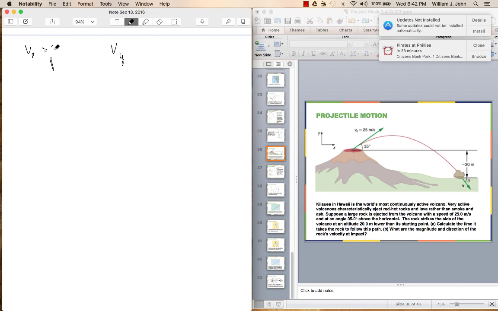This Vx first thing is going to be 25 times cosine of 35 degrees, and Vy is going to be 25 times the sine of 35 degrees. And I'm going to get this number first because this is the one we're going to need to do most of our calculations. So that equals 20.5 meters per second.